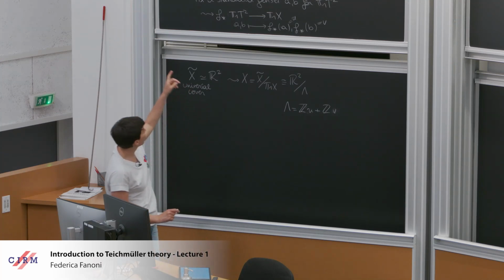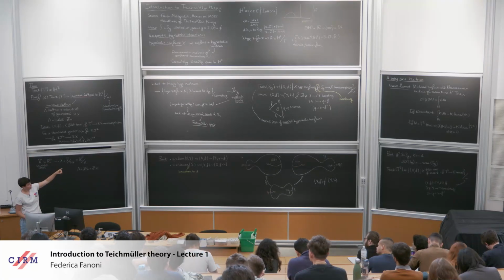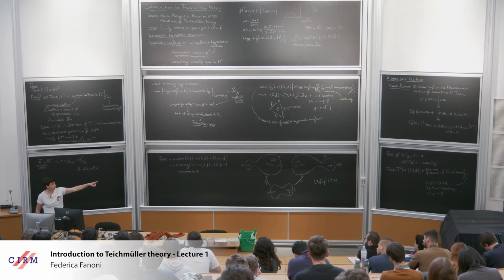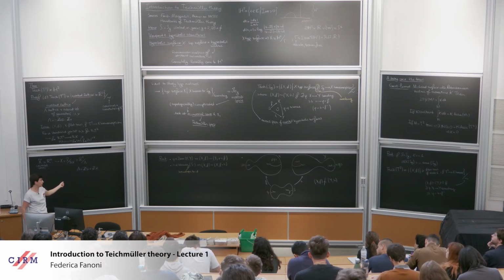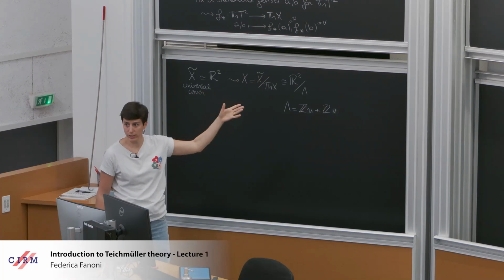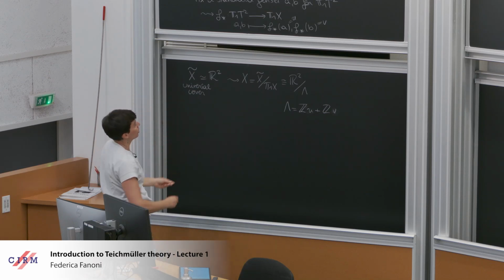So this gives us a way of associating to a pair, X, torus, and homeomorphism, a lattice with two generators, and you can go backwards. I mean, if you have a lattice with two generators, you just take the quotient, and you go backward.